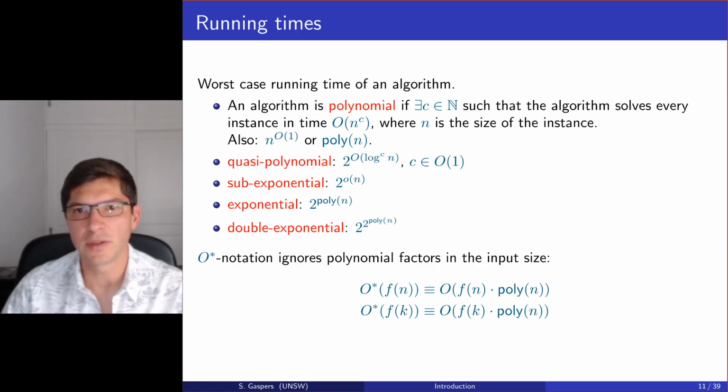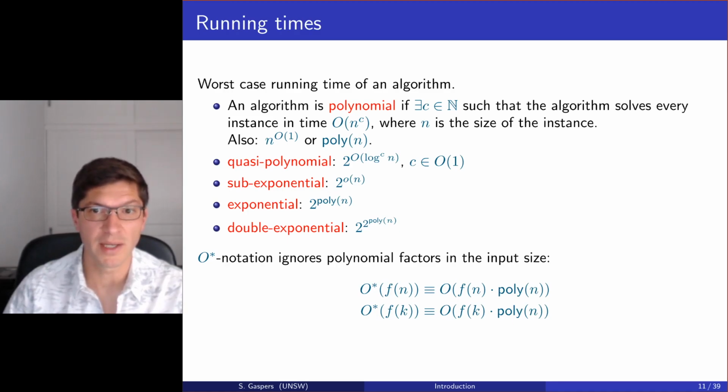And those are algorithms that run in time order n to the power c for some constant c. This also includes running times such as n log n, because we can upper bound those running times by a polynomial as well. If we don't really care about what the particular constant c is, we can just write n to the power order 1, or equivalently poly n.